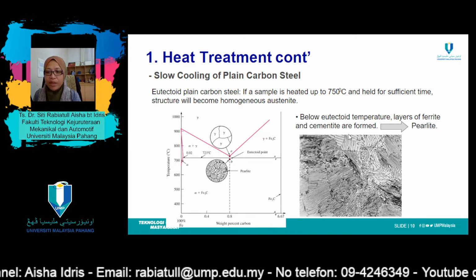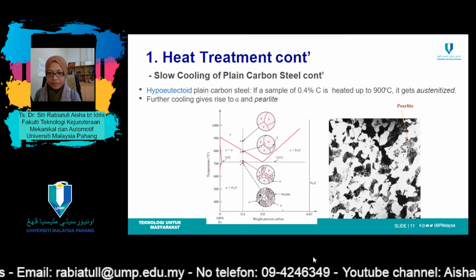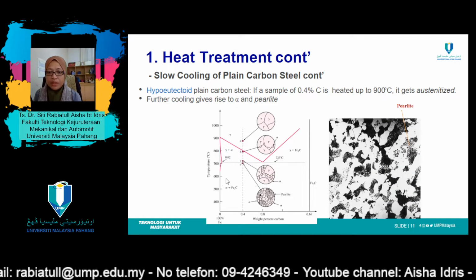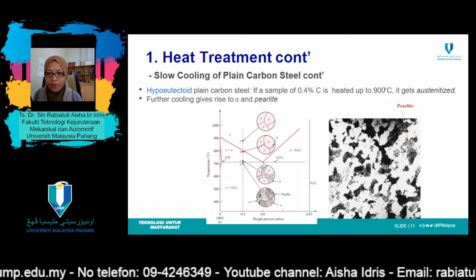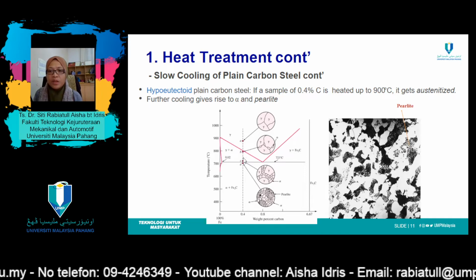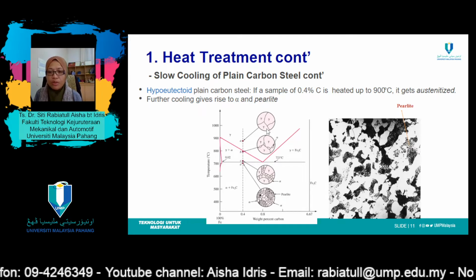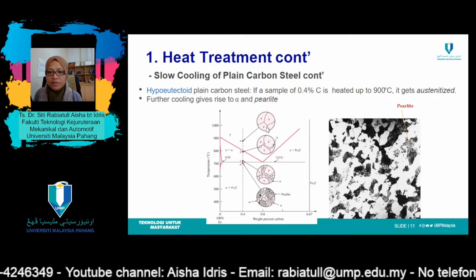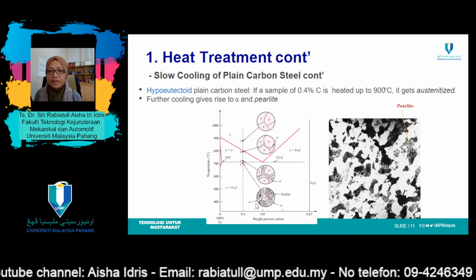And this is the microstructure for pearlite. And for hypoeutectoid, which is before the eutectoid point here, when we slowly cool the steel, we change the microstructure into alpha ferrite and pearlite.